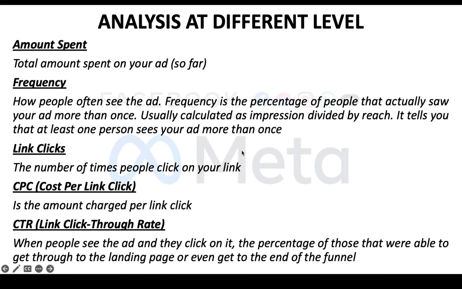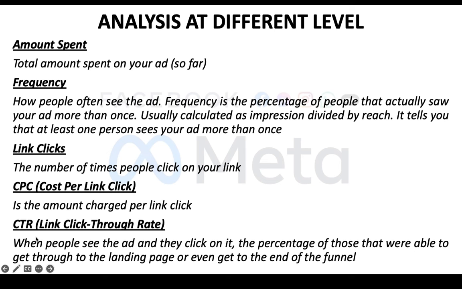So now the next one is CTR, link click-through rate. CTR means how many people were able to click through from your ad, from the platform Facebook, to get to your landing page, or even to get to the end of your funnel.